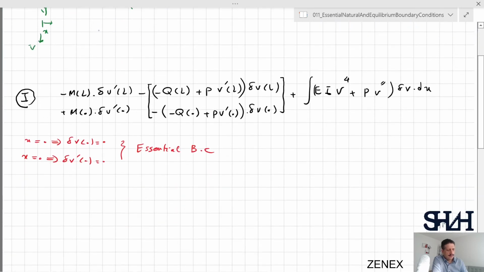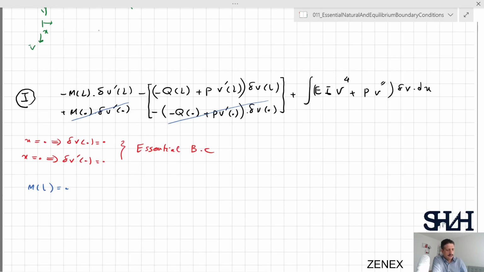So if I apply delta v at 0 is 0, then this equation will vanish. If I apply delta v prime equals to 0, then this term will vanish. And then we know that delta v prime at L is not 0, delta v at L is not 0. So then it should be that M at L should be 0, that we know already.